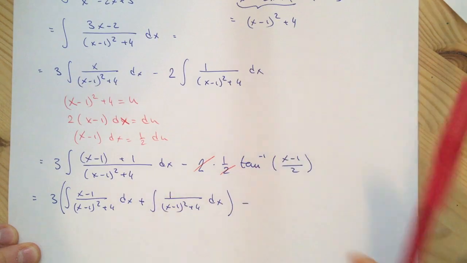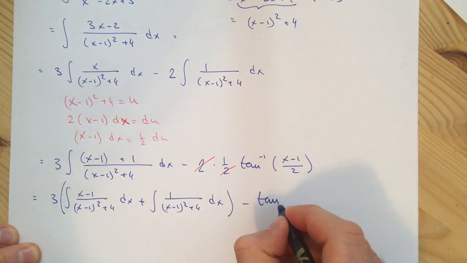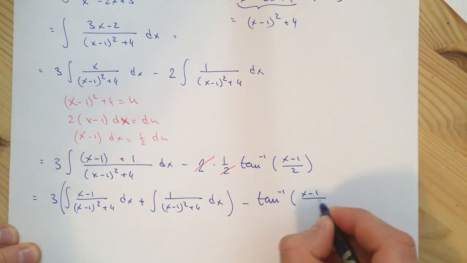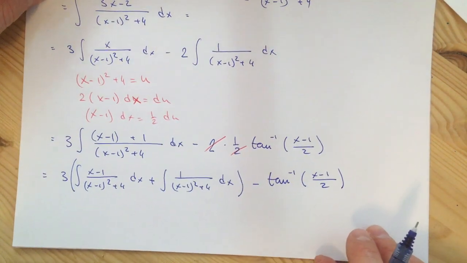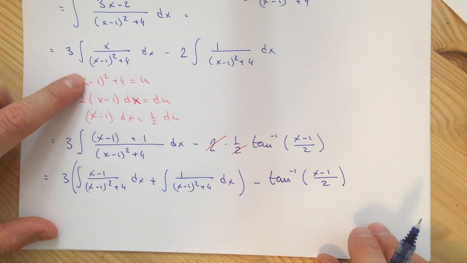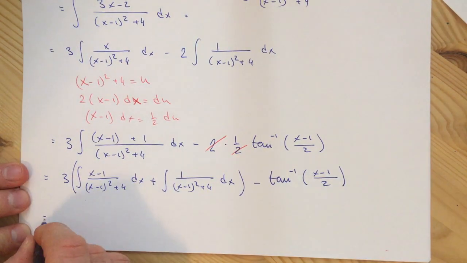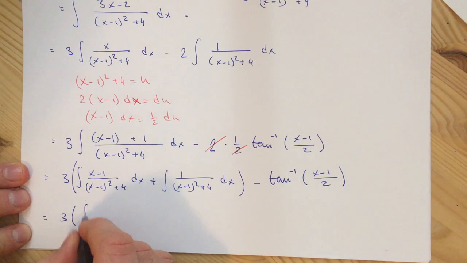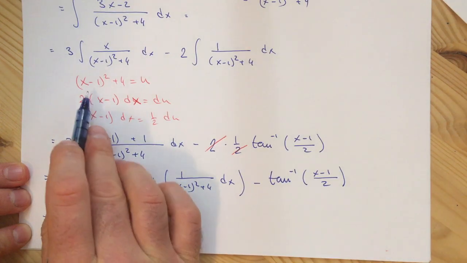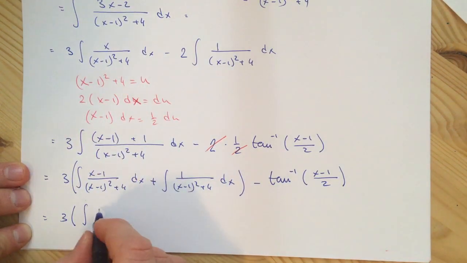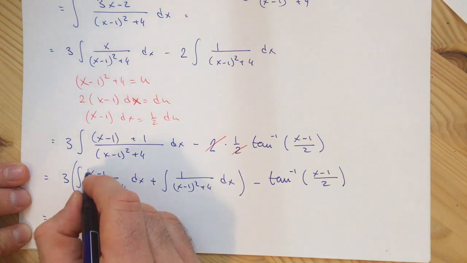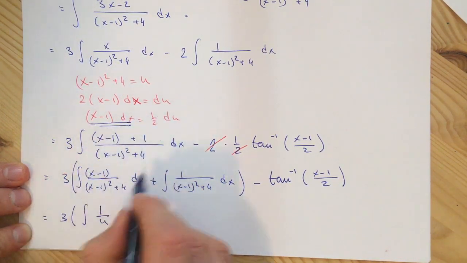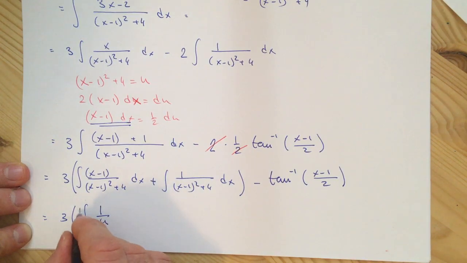Minus arctangent of x minus 1 over 2. Okay? Now for the first integral, I just apply the substitution. So this leads me to the integral of the denominator is u, so 1 over u. Why 1? Because x minus 1 dx is 1/2 du.